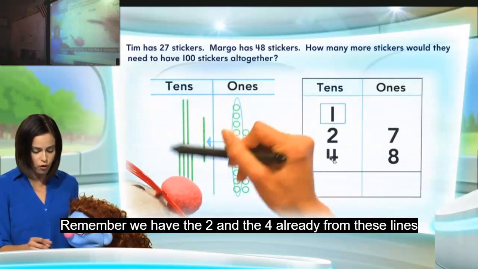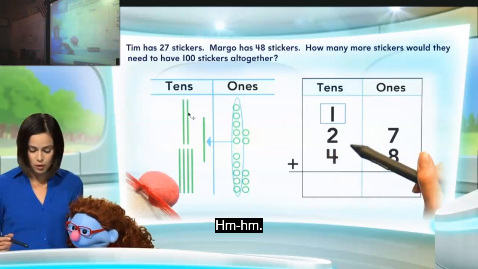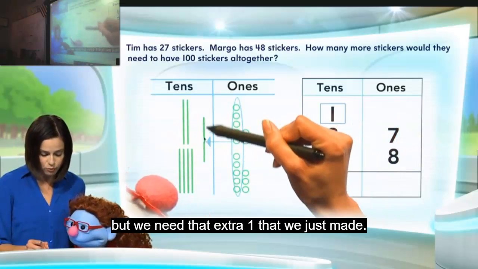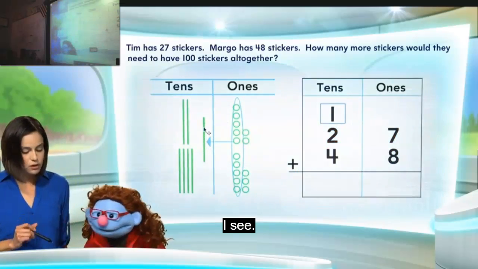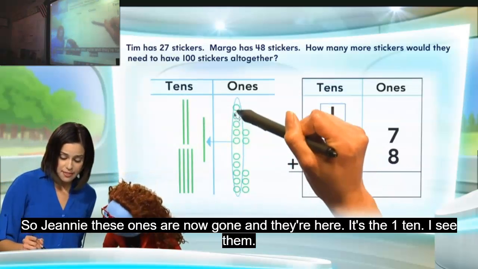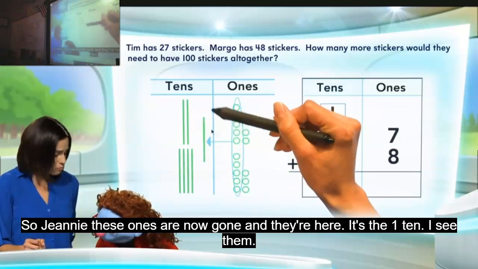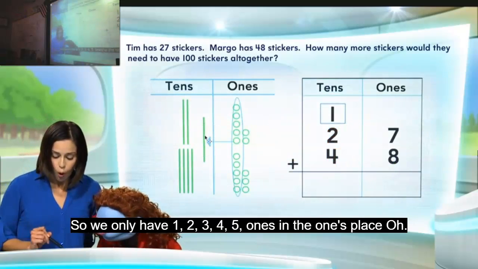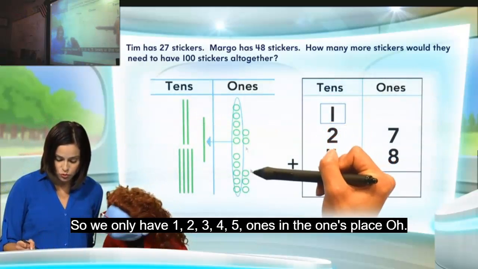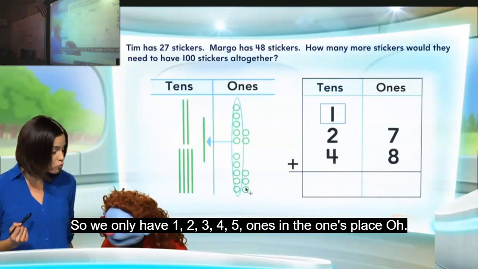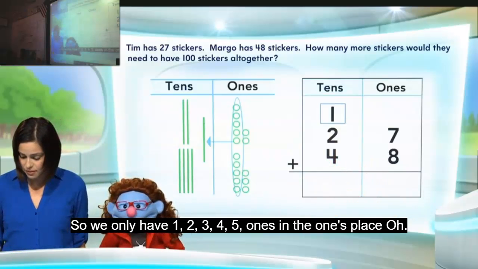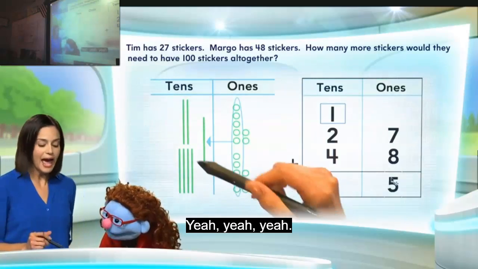Remember, we have the 2 and the 4 already from these lines, but we need that extra 1 that we just made. I see. So, Jeannie, these ones are now gone, and they're here. I see them. So we only have 1, 2, 3, 4, 5 ones in the ones place. Yeah. I get it.